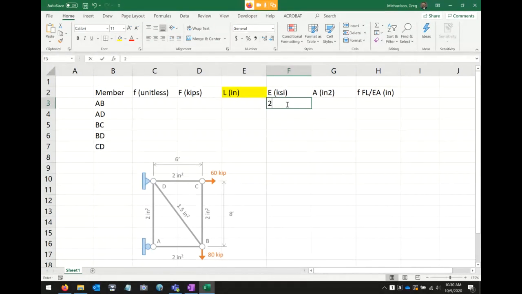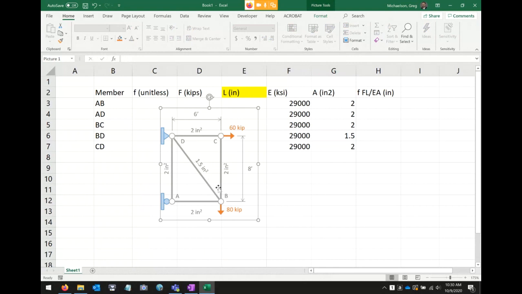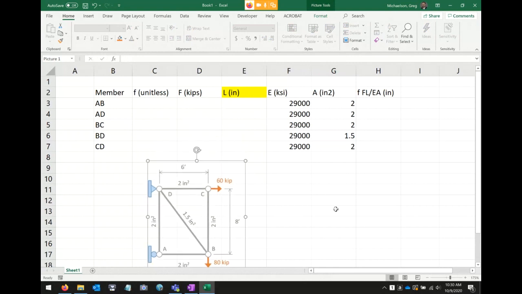We know that each member is made of steel, so E is 29,000 KSI. As for the cross-sectional areas, they're all 2, except for this one, which is 1.5, because if you look at the truss, you can see that one's 1.5.